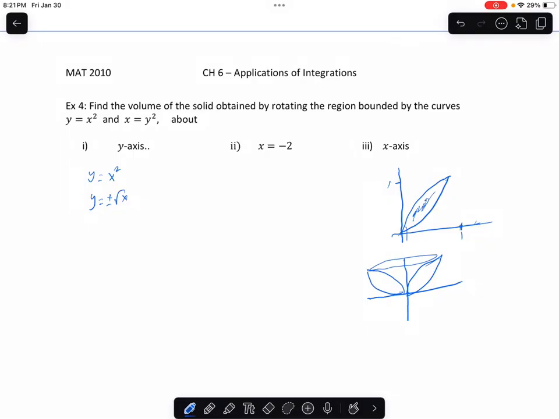Now when we make cross sections, you see we get washers where the outer radius is this much, which means the x value of this function, which was y is equal to x square, so it is x is equal to square root of y.